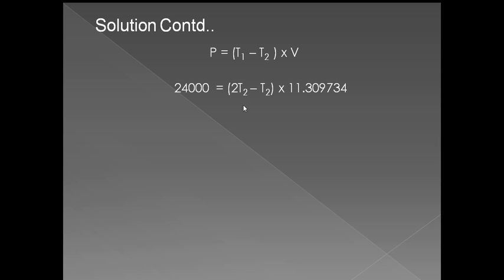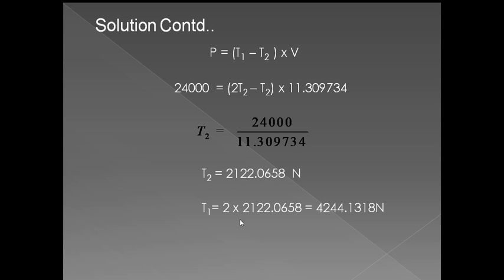By applying the T1 value and the V value here, P is 24,000. From this we can find the T2 value. T2 equals 212206 newtons. T1 equals 2 T2, so it is double the T2.